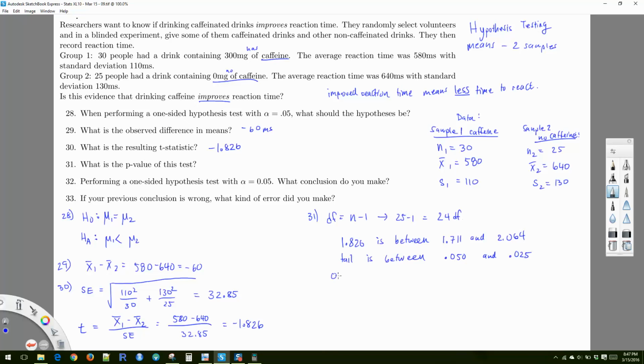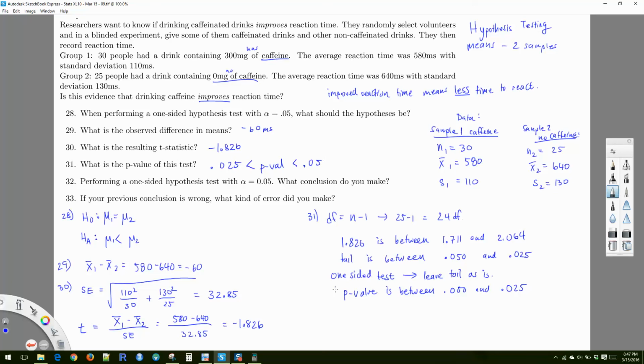So one-sided test, we leave tail as is. So our p-value is between 0.050 and 0.025. So we write 0.025 is less than our p-value, which is less than 0.05.